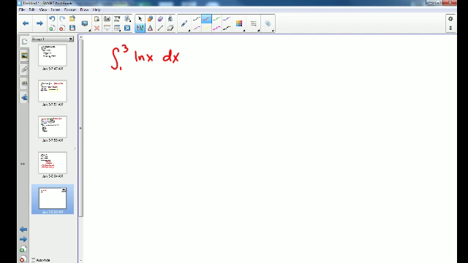The integral of 1 over x is ln x. Logarithmic is first on the list.